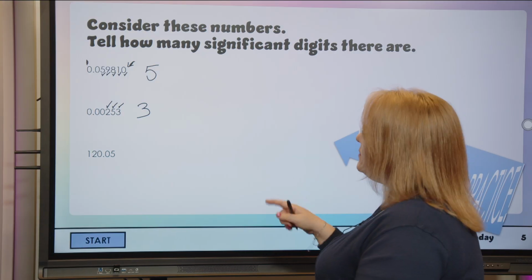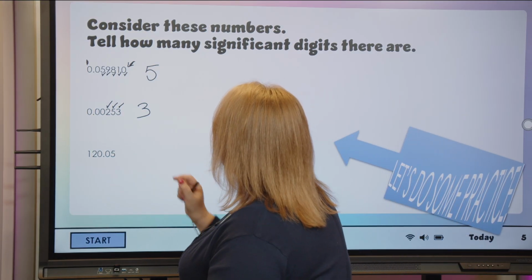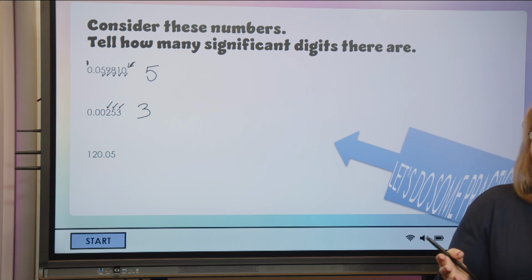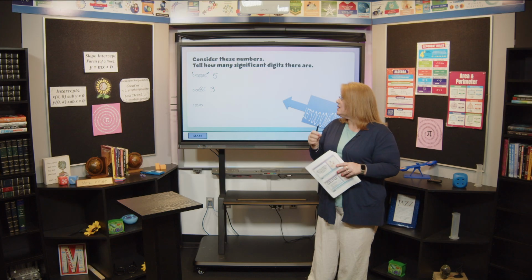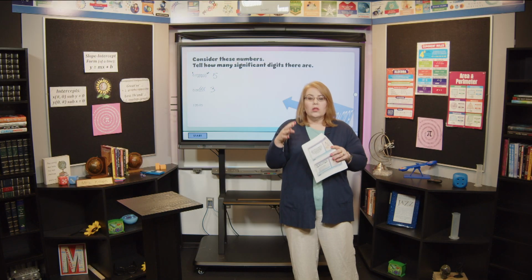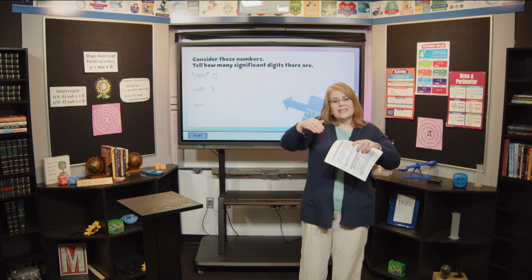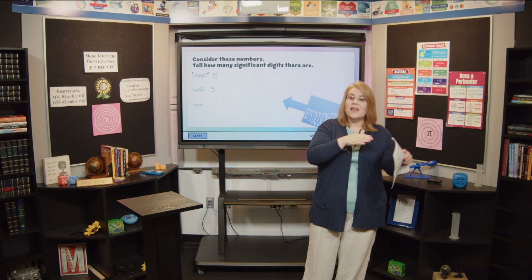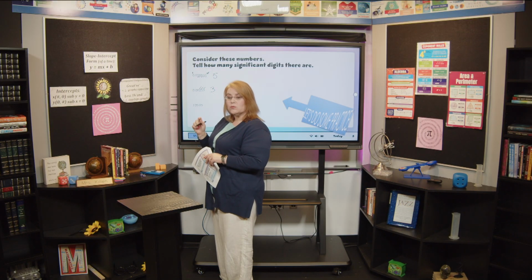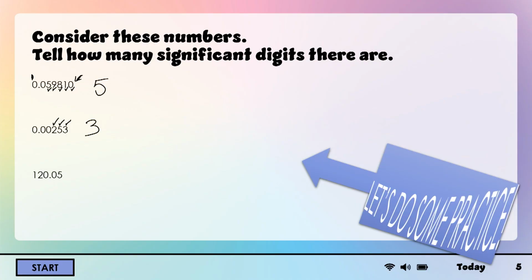Let's look at this last one. I have 120.05. Now I've got zeros and I've got decimals. So I need to make sure that I'm understanding how those decimals are looking when they're inside my numbers, between non-zero digits. I have a decimal, so I'm going to read from right to left.